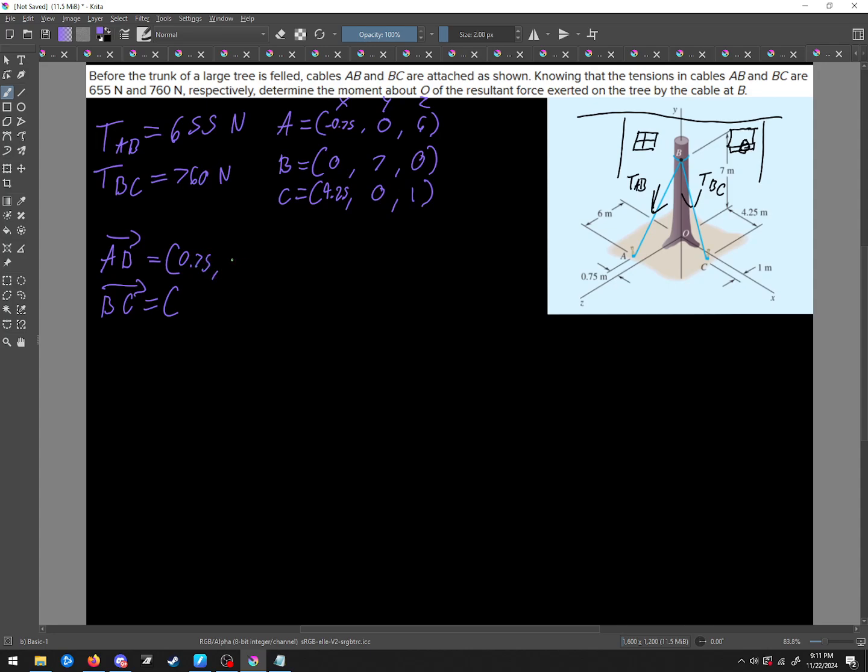Then it's going to be 7 minus 0, which is 7. And then it's going to be negative 6, because it's going to be 0 minus 6. And then BC is going to be 4.25, 0 minus, that's going to be minus 7. Which is interesting. But it's what it is.